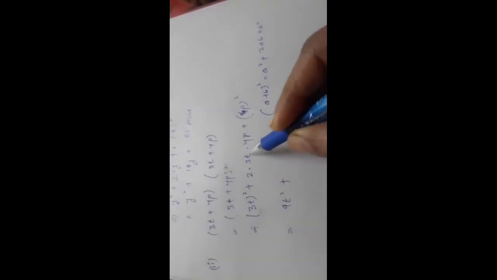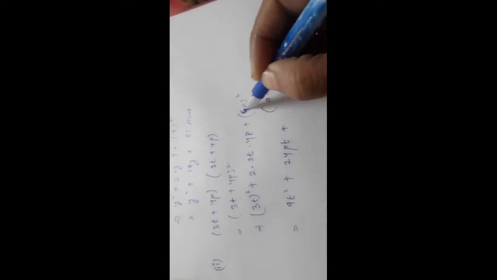Why? Because a plus b whole square is equal to a square plus 2ab plus b square. So we can write it as 9t square plus, 2 3s are 6, 6 4s are 24, t and p come out as tp, and 4p square comes out as 16p square, which is our answer.